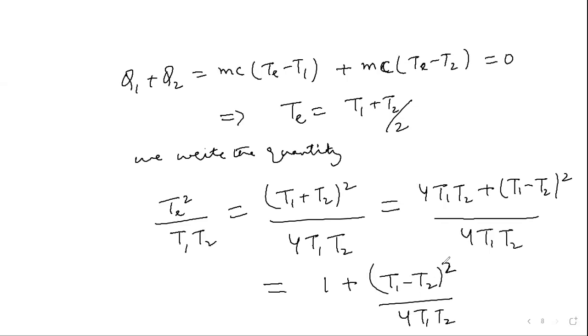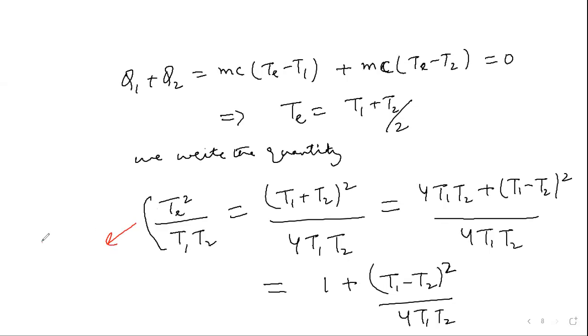(T1 minus T2) square by 4 T1 T2 is always positive. Now Te square by T1 T2 is 1 plus something which is always positive. That means in turn that Te square by T1 T2 is greater than 1 always.